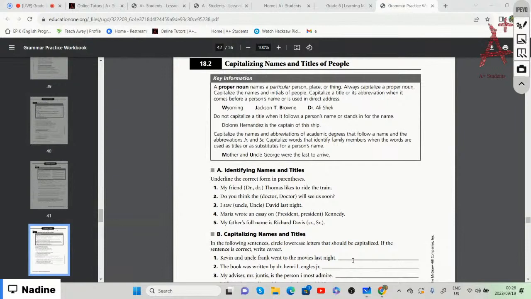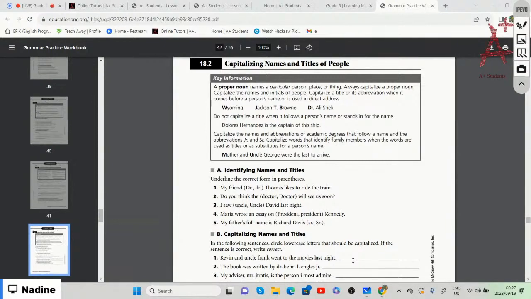Remember, I said that people also put a lot of respect on their names, their surnames, their initials. So you need to write it with a capital letter. So even titles or abbreviations, when they come before a person's name, need to be capitalized.